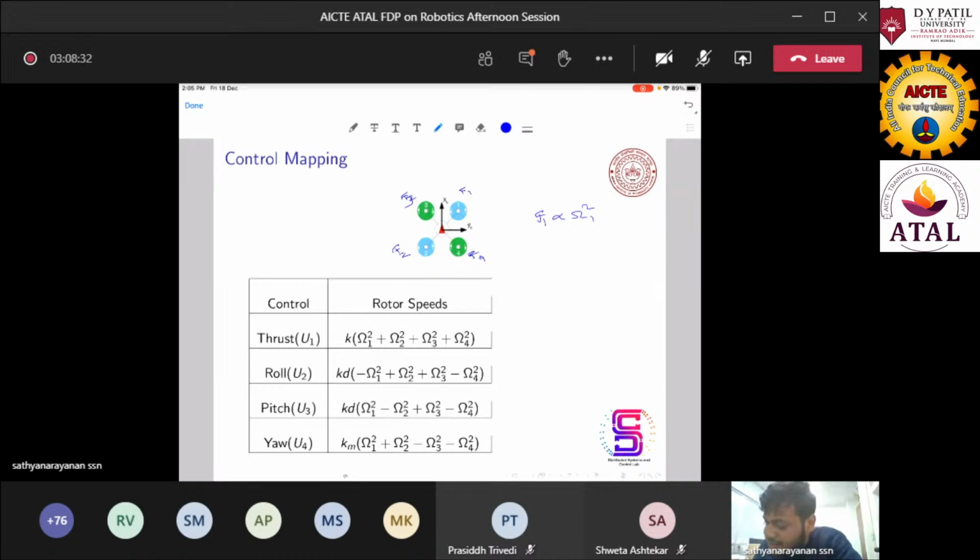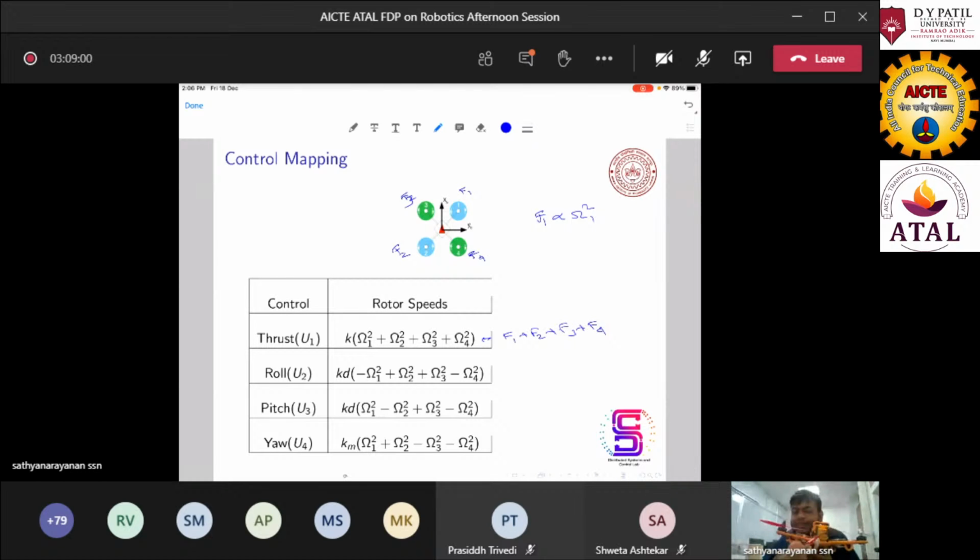And it is always acting along the z-axis. So that's why you just add all the terms, F1 plus F2 plus F3 plus F4.